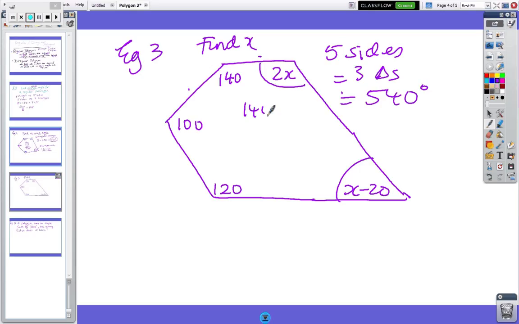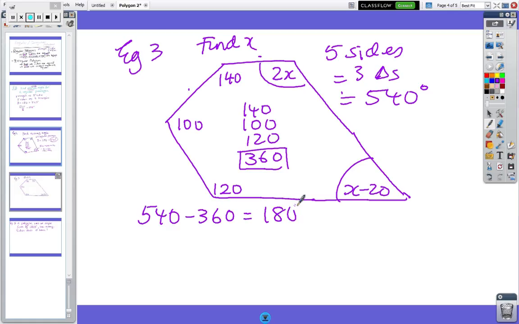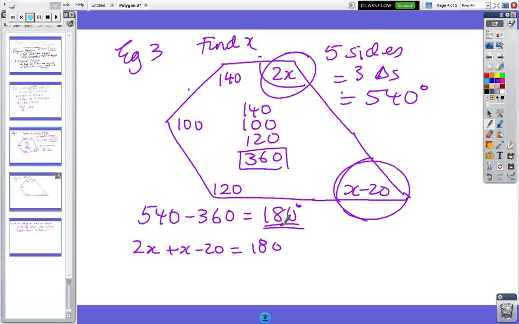So I've got 140 plus 100 plus 120, so I've got 360 degrees. So we get 540 subtract 360, that gives me 180 degrees. So I know whatever's left over has to equal 180. So that means that 2x, one angle, plus the other angle, x minus 20, equals 180. So this angle plus this angle equals the 180.